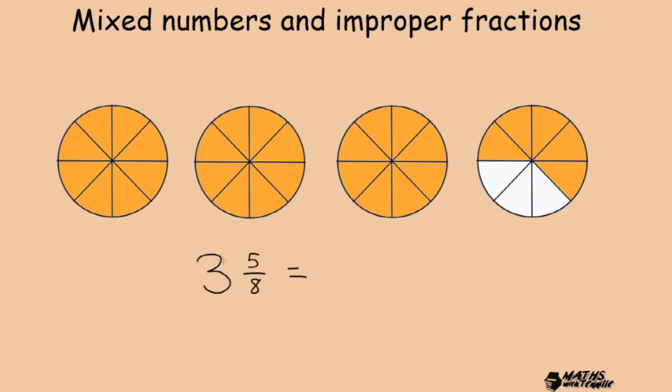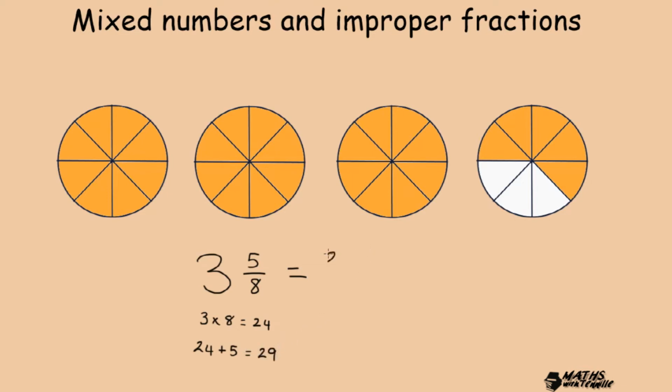So in my 3 whole pizzas, I will have 3 times 8, 8 in each, which will give me 24 slices. So 8, another 8, and another 8. Then my 24 slices, I'll add to the 1, 2, 3, 4, 5 slices that I have in the other pizza. And I will have 29 slices in all.